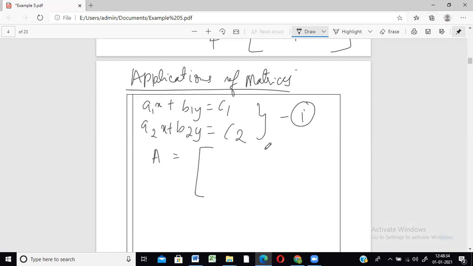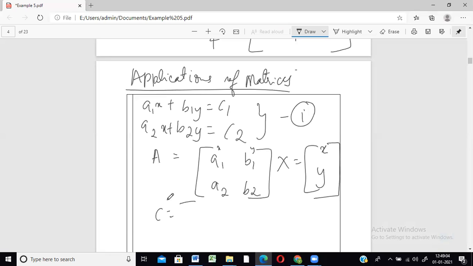Please remember, A will be the matrix where you will have the coefficients of x and y. Coefficients of x come here, coefficients of y come here. The coefficients of x are a1, a2. I will write them here. This x and y you need not write in the exam. We are writing it for the first time, so still I'm writing b1 and b2. Then X will be nothing but x and y. That's the solution you have to find. And then C will be nothing but, or else you can use this as B, just a second.